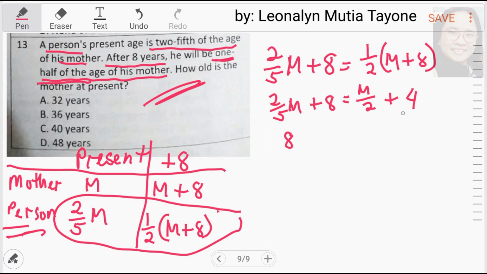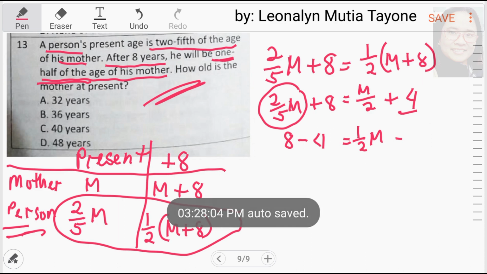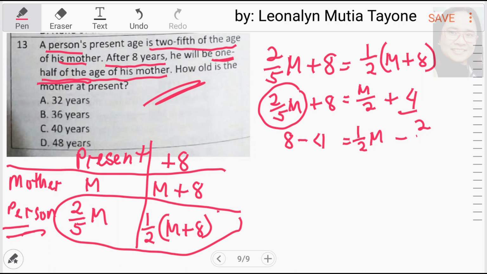So, dito lang si 8, itong si plus 4, pag matranspose mo, maging minus 4. And then, itong si M over 2, para klaro lang sa inyo. Ganito ang gagawin natin, that is 1/2 M. Pareho lang yan. Para klaro lang ba sa inyo? Tapos ito, i-transpose natin sa kabila since pang-add siya, pang-minus siya dito. And this will be 2/5 M equals 8 minus 4, that is 4.